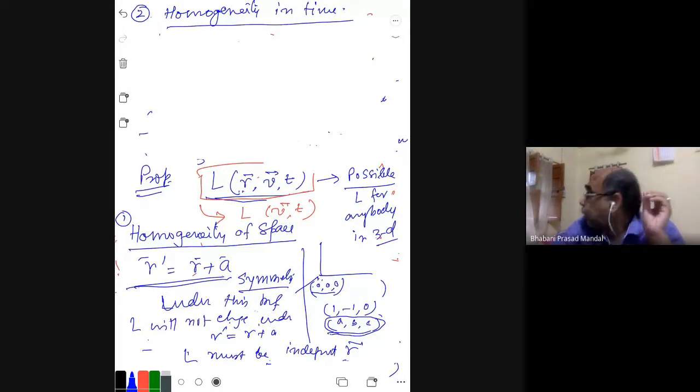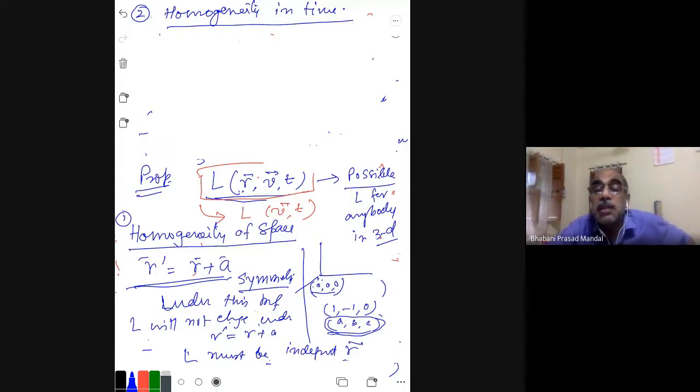I am looking at the particle at 10 o'clock. Right now it is 10:35, or after the class at 11 o'clock, or maybe 1 o'clock, I'll have the same dynamics. The particle is moving with a constant speed in a particular direction. This I'll have any time I look at the system. So there is no change in the dynamics with time.